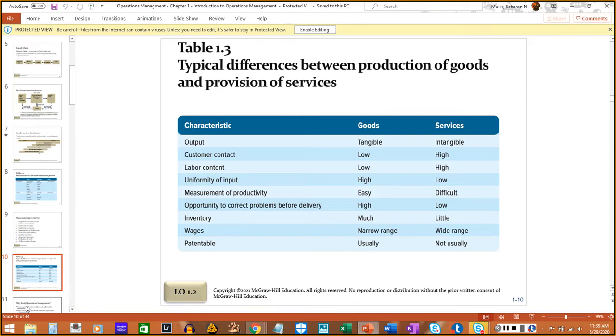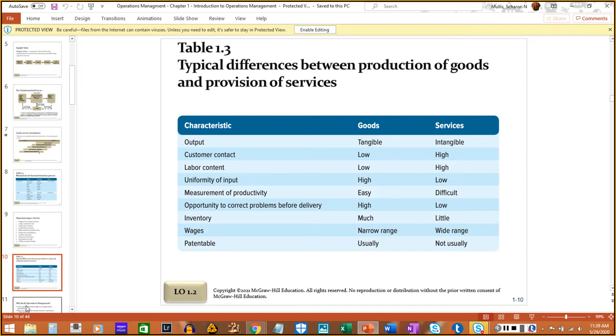Labor content, it's very low for goods. So when you think about automation of vehicles, there's not as many laborers or people that work on the cars as there was back in the 1920s or 1930s. For service, the labor content is high because people have to be on site.